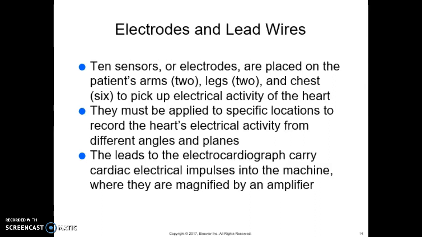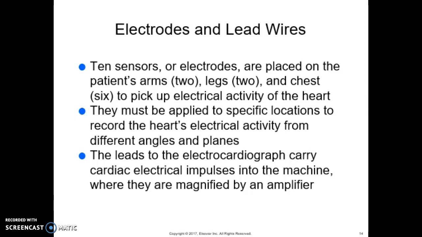The leads to the electrocardiograph carry cardiac electrical impulses into the machine where they are magnified by an amplifier. These amplified impulses are converted into mechanical action, which is recorded on the ECG paper by the stylus and shown also on the monitor.